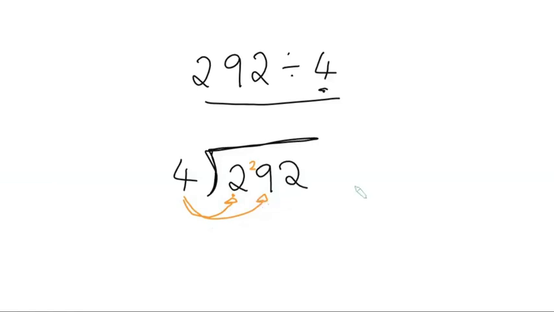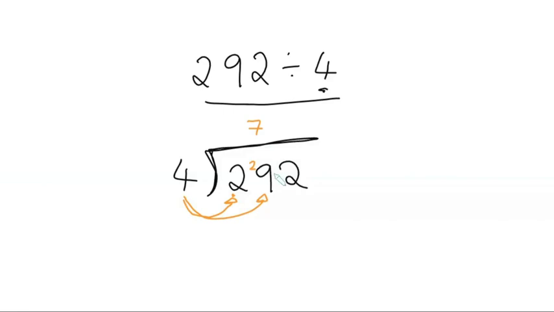Now don't forget, we need our times tables here. 4 goes into 29 7 times. Pop our 7 up here. And there's also a remainder.